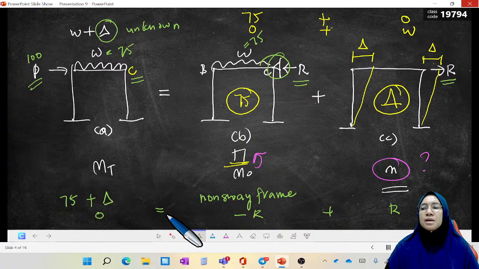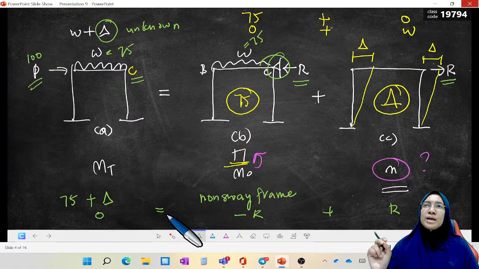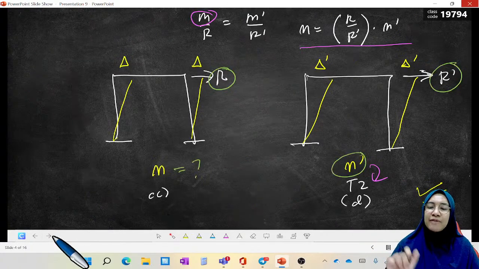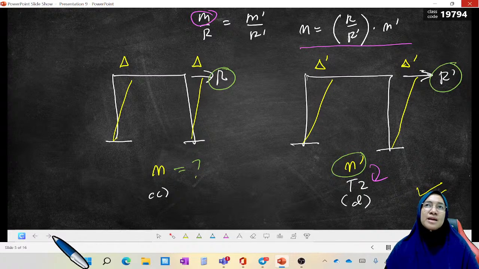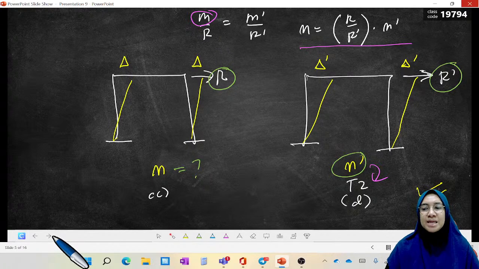But remember, in diagram C, we cannot calculate the end moment directly. What we can do is analyze it indirectly by introducing another frame which is proportional with C. So I have drawn back diagram C here.